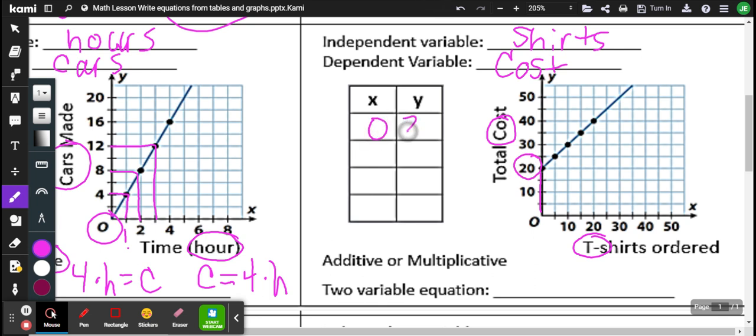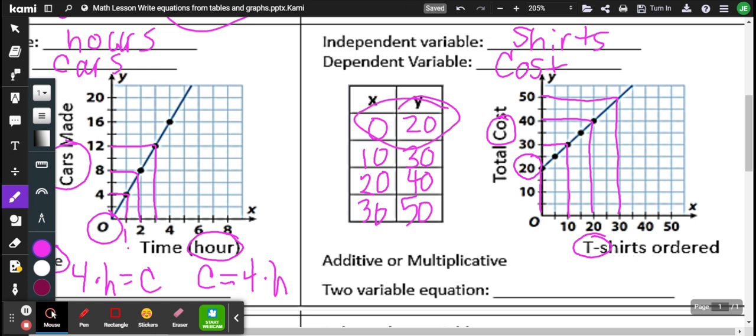When x is 0, y is 20, 10, 30, 20, 40, and 30, 50. We'll double check here. 10, 30, 20, 40, and 30, 50 as our input output.